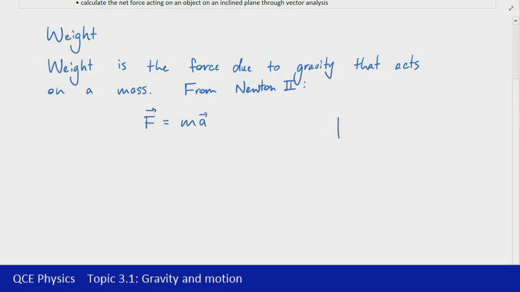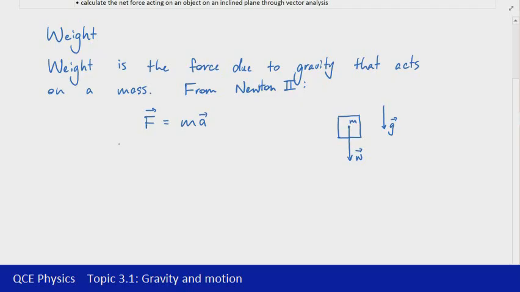Now if we consider a mass, in this case we'll just draw it as a box, that has a mass m, that means that the weight is going to be acting on it in the same direction that the acceleration due to gravity would be acting. So in this case, acceleration due to gravity acting downwards, weight also acting downwards, and you'll notice that I'm representing that as though it's passing through the centre of mass of the box itself.